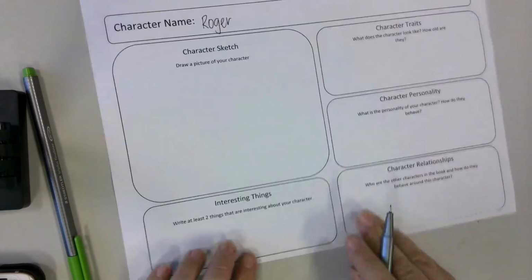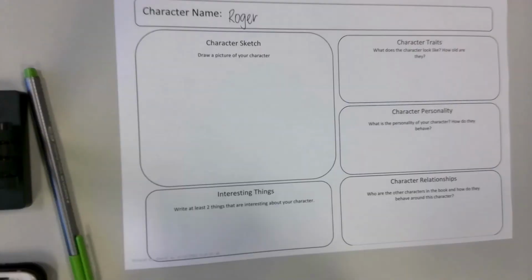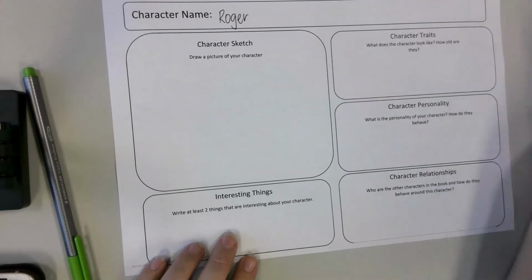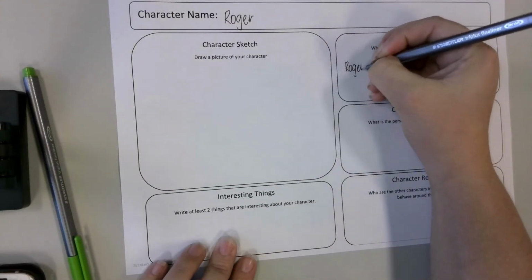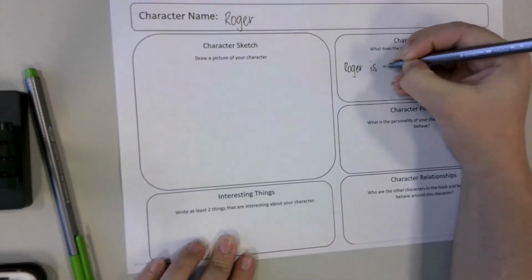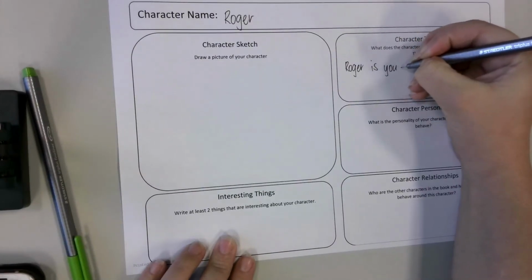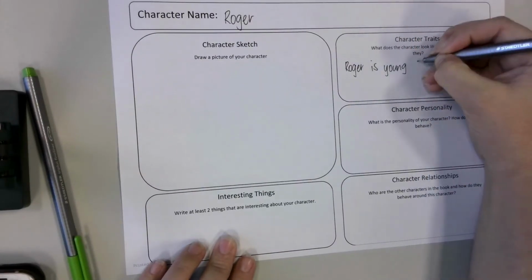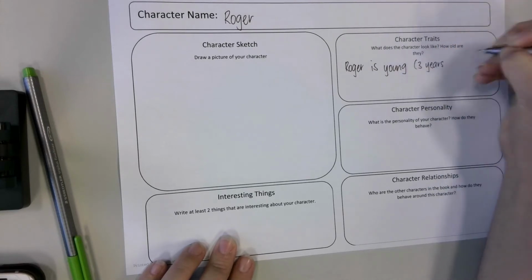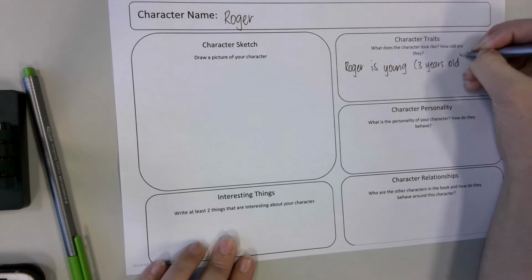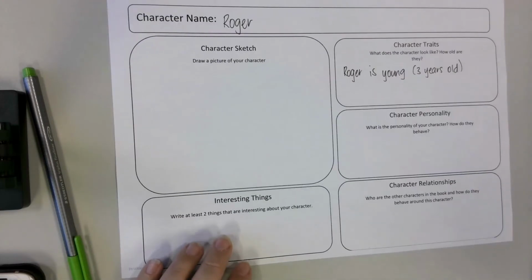Now, Roger. So character traits, what does Roger look like? How old is Roger? Roger is also young. I'm going to put that he is 3 years old. Alright, so Roger is young, 3 years old.